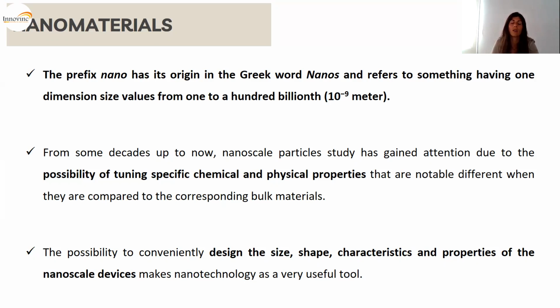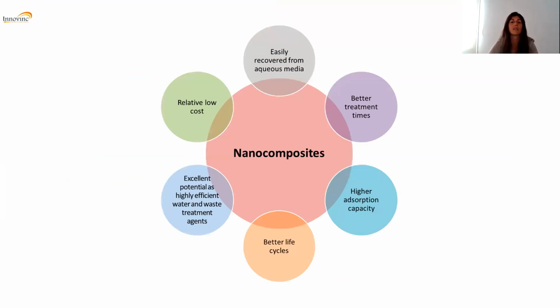So to fix these disadvantages, we can generate nanocomposites. When we generate a nanocomposite, we confine certain materials that are active for the specific topic that we are looking for, and we put them into a matrix, for example, a polymeric matrix.